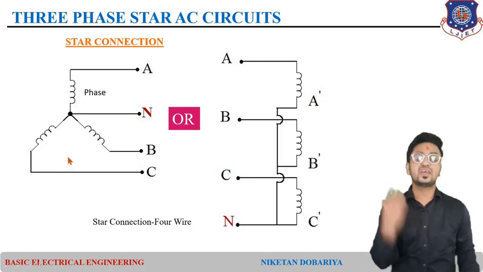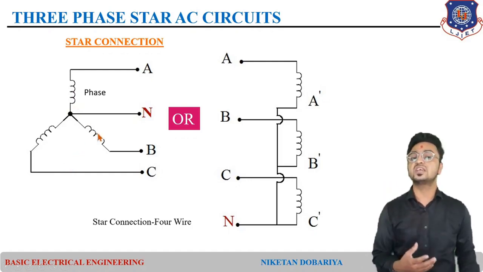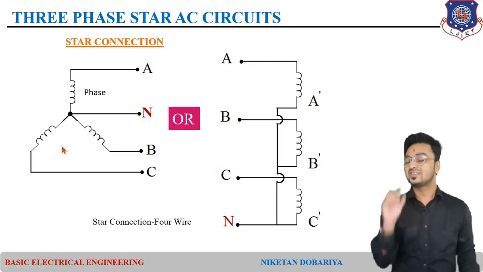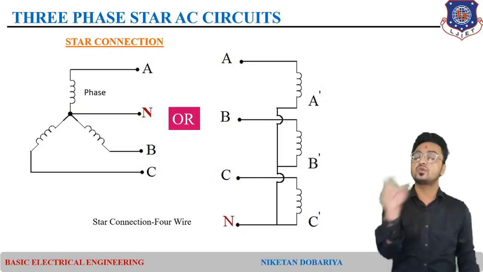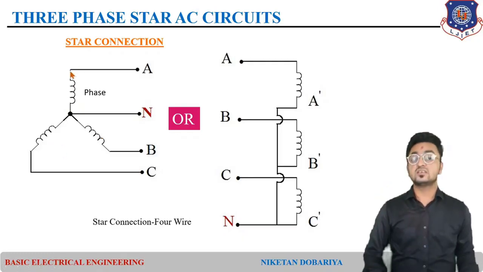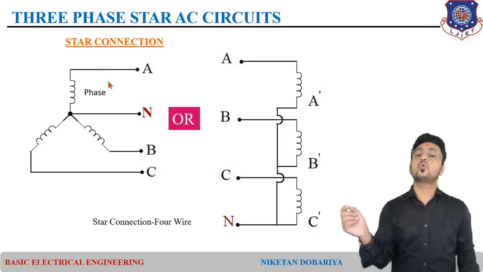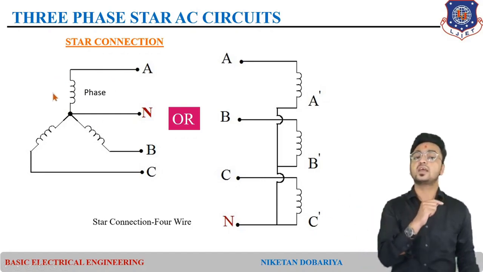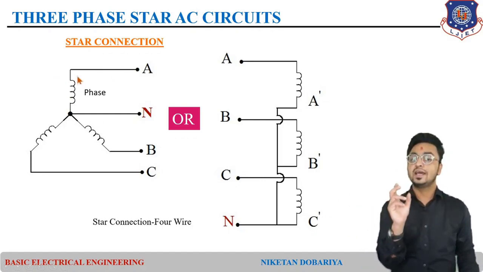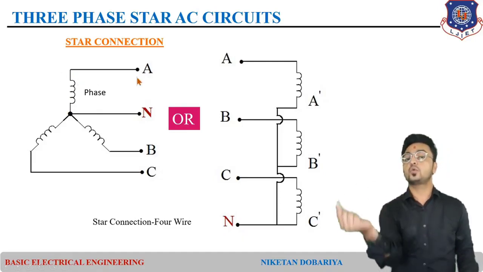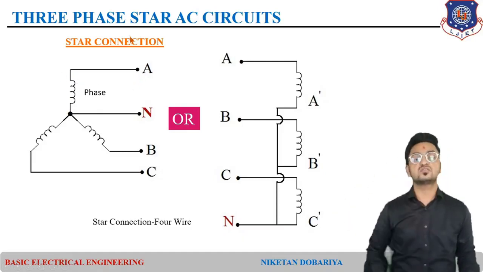If we measure the voltage or current of these three individual circuits, that is considered the phase voltage or phase current. And this line here, this A terminal, why is this wire connected? To provide a supply to some load. Here we have a voltage source, and by this wire we are providing supply to another circuit.